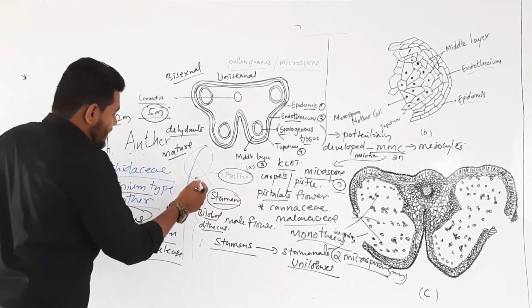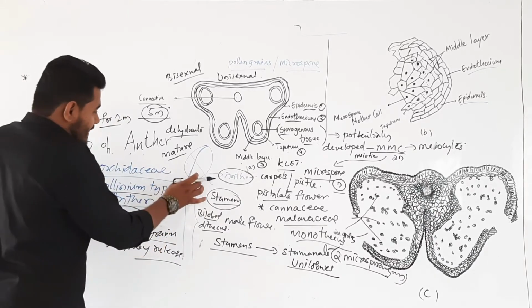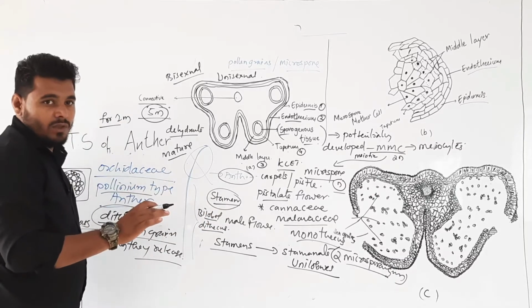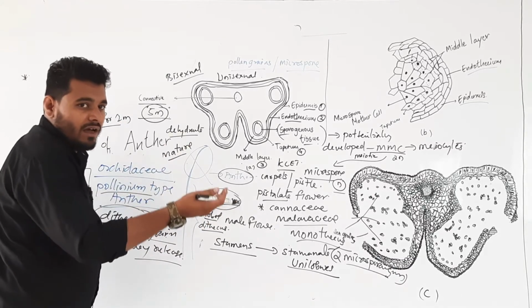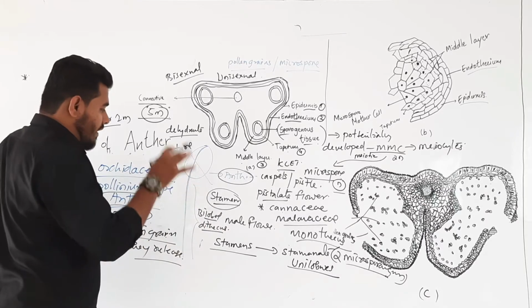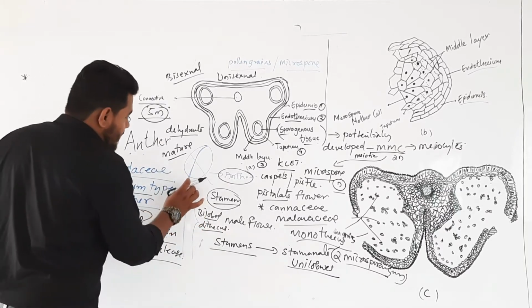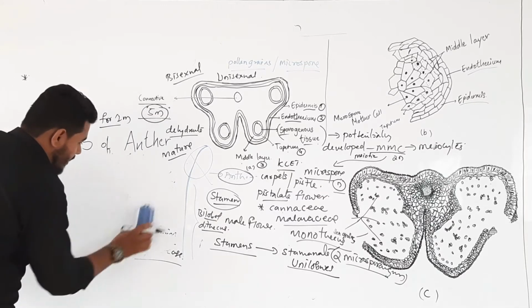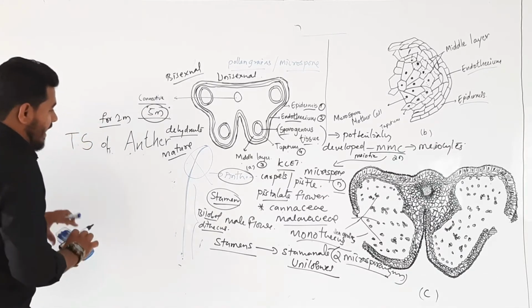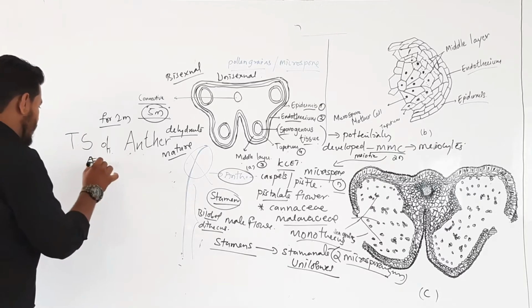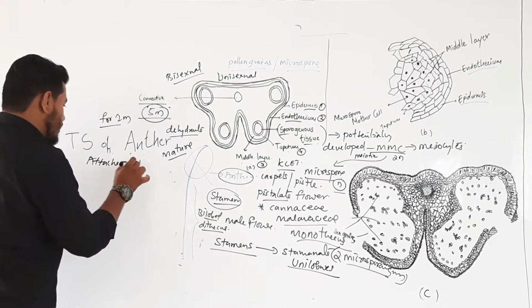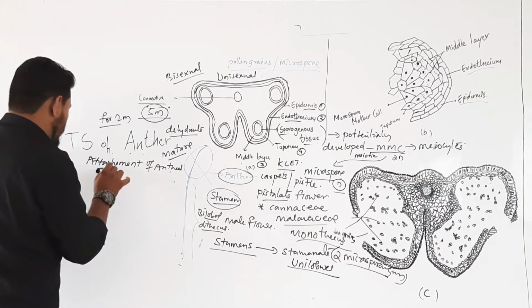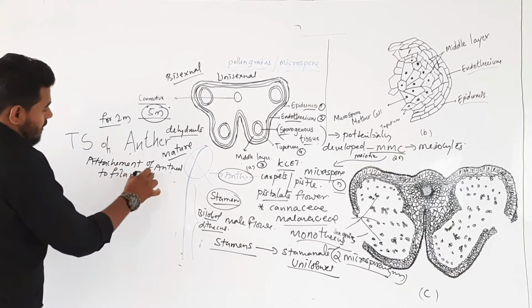Now in flowers, the attachment of anthers to the stamens is different. Different flowers have different morphology of attachment of the stamen with the anther. So there are a number of types based on the attachment of anther to filament.